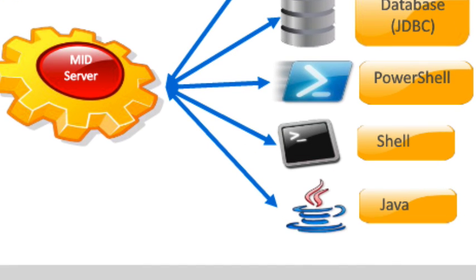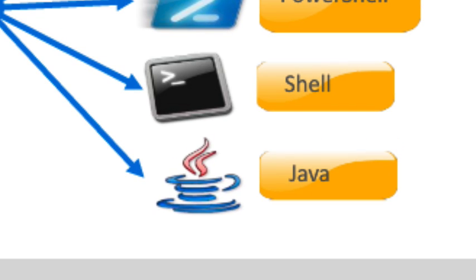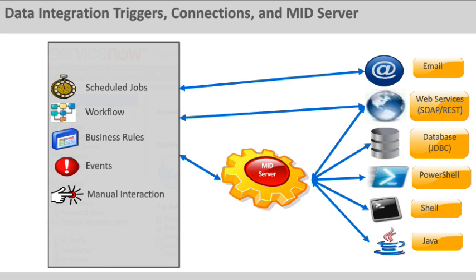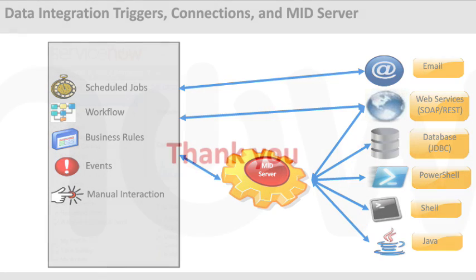Finally, the mid server can be set up to consume Java jar files, which make the libraries contained in those files accessible to ServiceNow through JavaScript. This allows ServiceNow the ability to communicate in a native fashion to Java programs that don't have a web service API. This has been a quick demo covering the out-of-box integration interfaces within the ServiceNow platform.